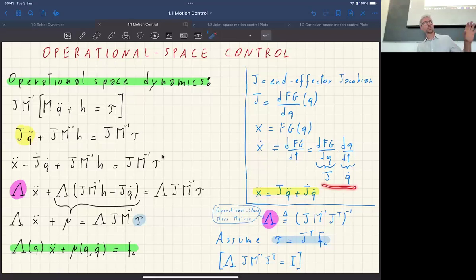On this side, you have a product between J and q dot. When you differentiate a product, you remember, hopefully, from your analysis classes, the derivative of a product is the derivative of the first term times the second term plus the first term times the derivative of the second term. That's exactly the rule I'm applying. So I get J q double dot plus J dot q dot.